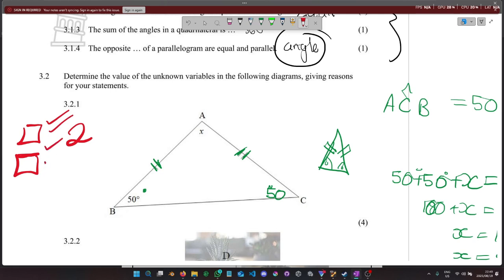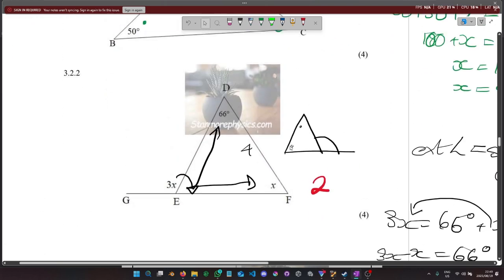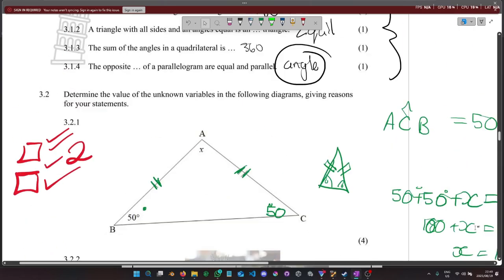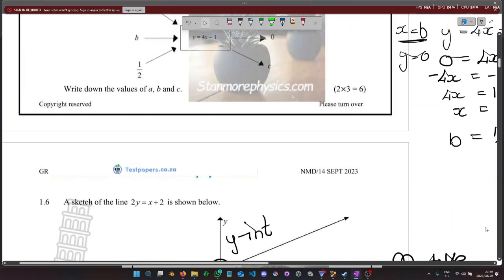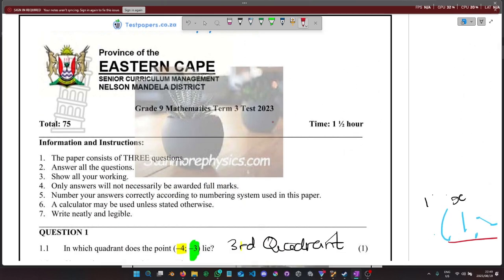Simplification, and then value. This one, same reason: it's the statement and the equation, simplification, and answer. And yeah, this was the September paper for the Eastern Cape, Term 3 Test 2023.